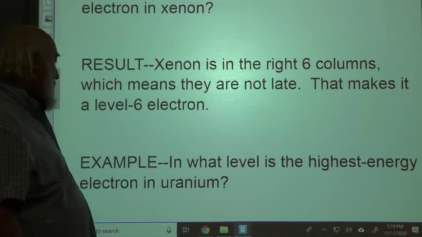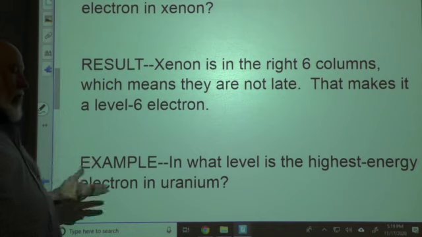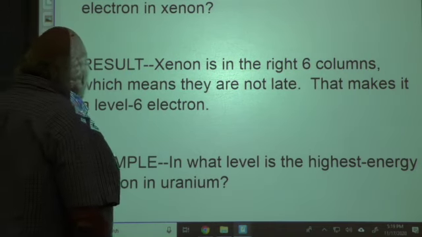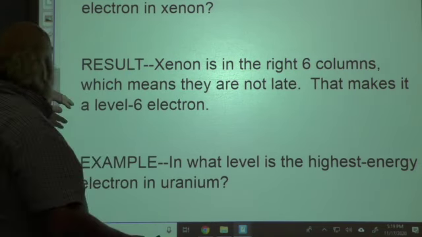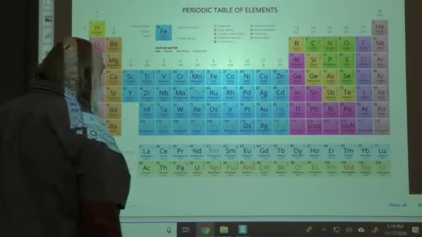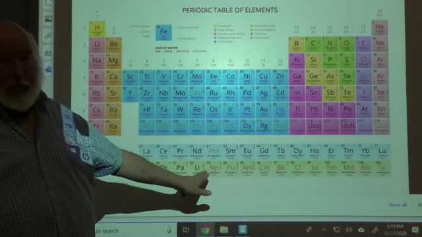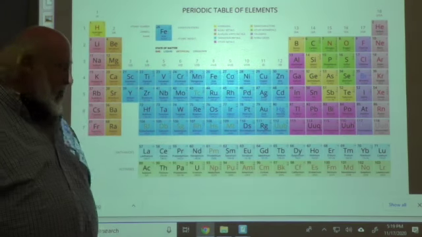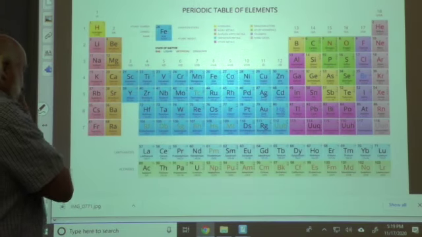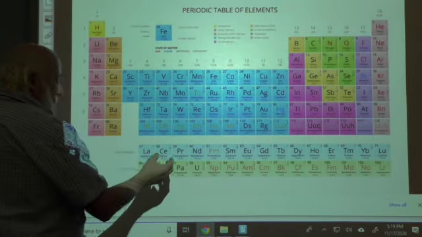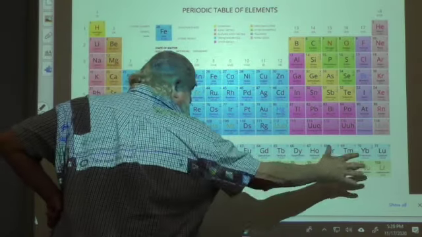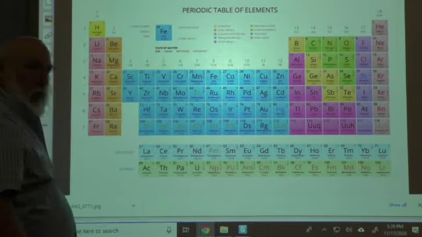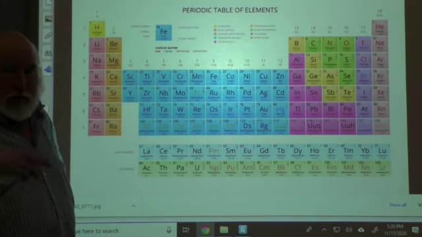Next one: what level is the highest energy electron in uranium? Okay, let's see if I got that right. Holy cow. So, uranium's down here, element number 92. That's the stuff that's heating up the power plant down the road. Alright? So this is in that bottom group of 14, which means it's how many rows late?